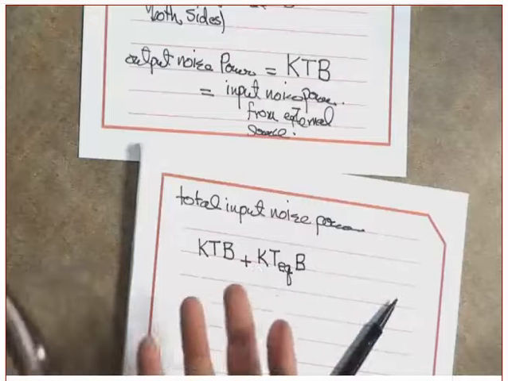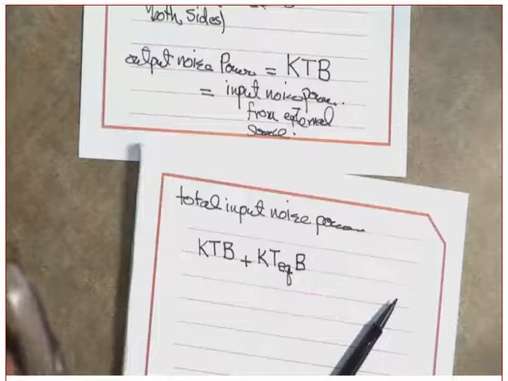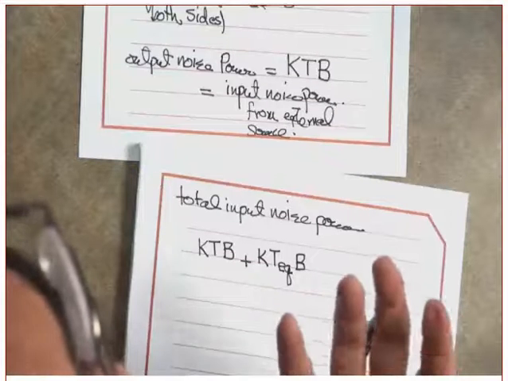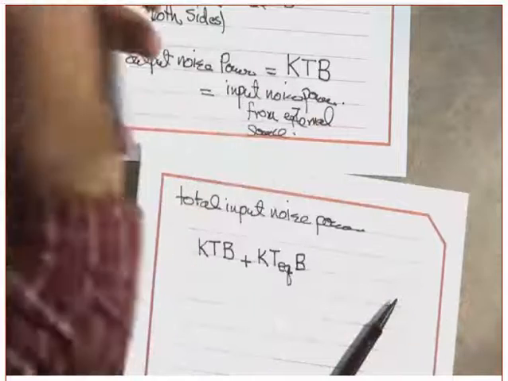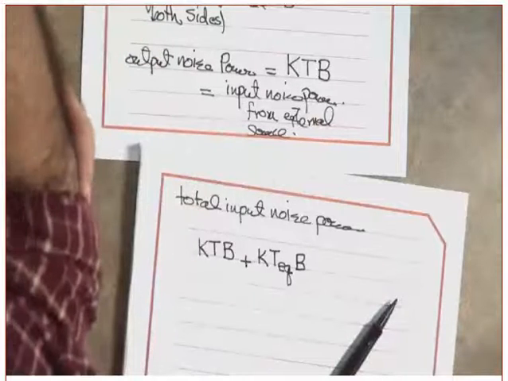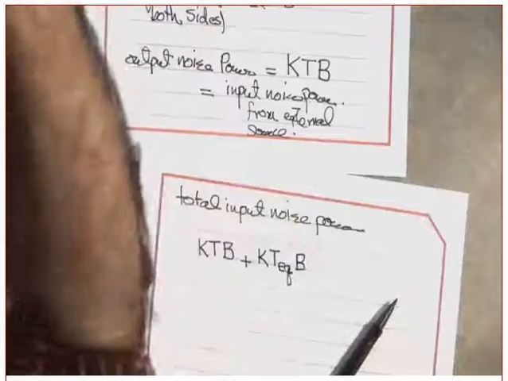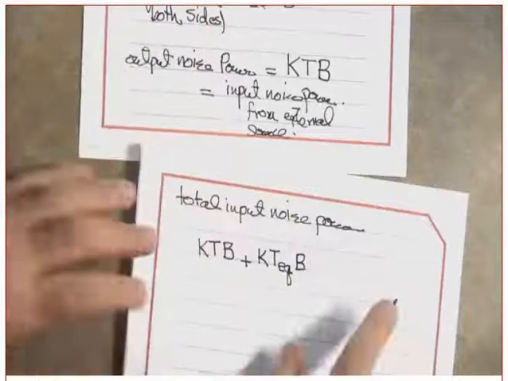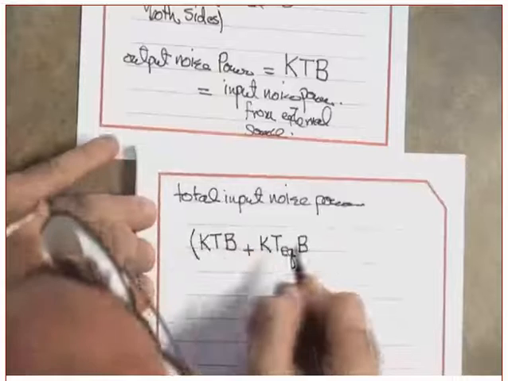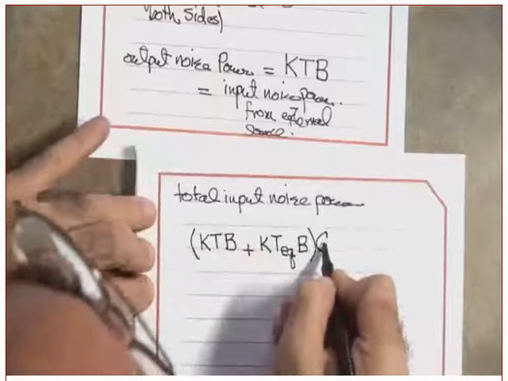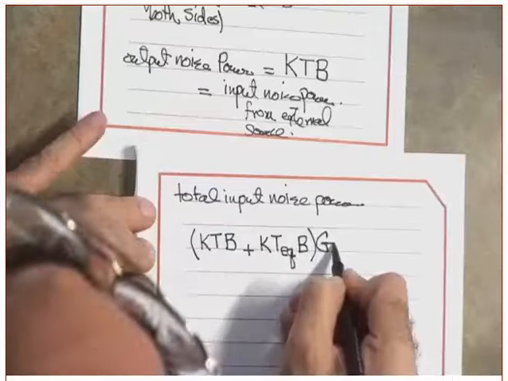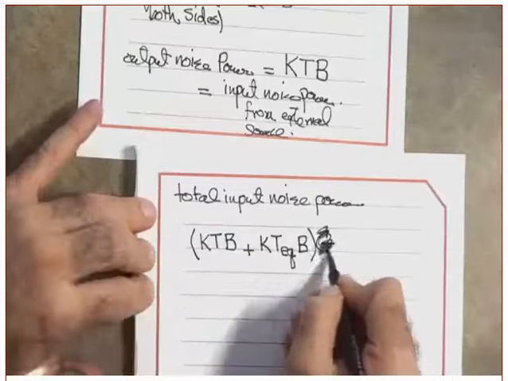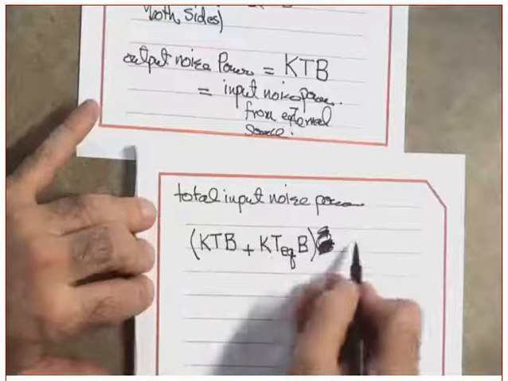This is the noise power added by the transmission line, referenced to the input, not to the output. Yes or no? And then everything is multiplied by G. I need to write this one separately so that you understand. Did you understand the total input power?